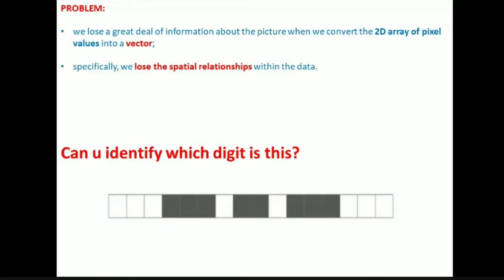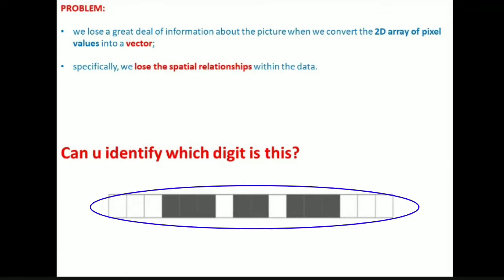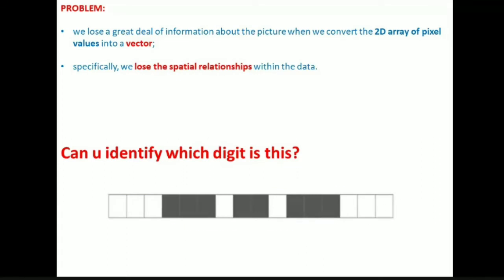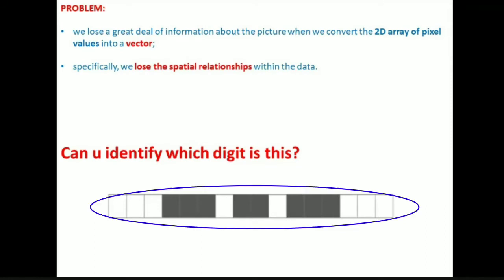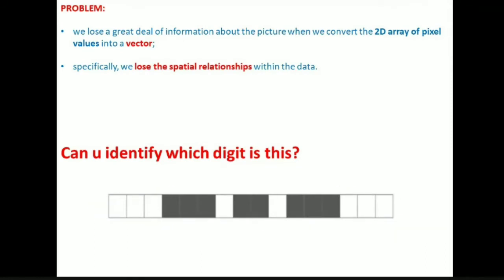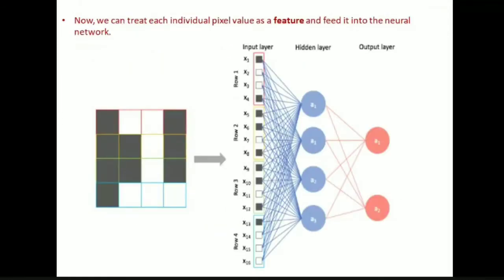I have converted the 2D image into a vector representation. Can anyone tell what this image is representing? If I show you this image, can you immediately say which digit it belongs to?